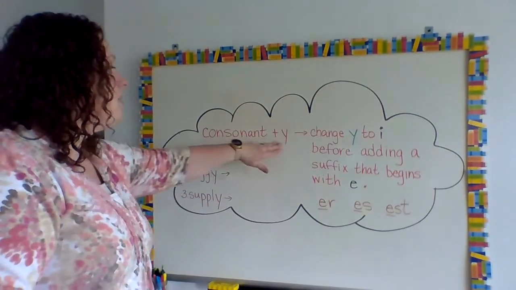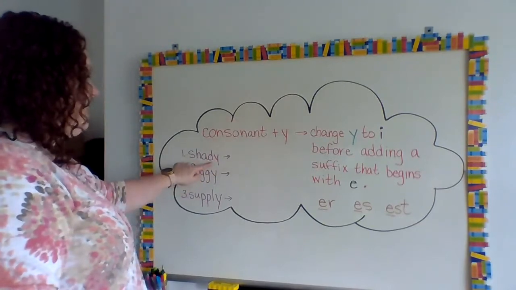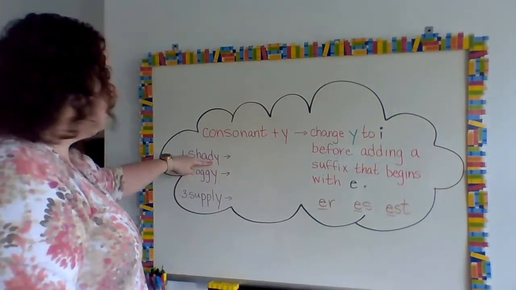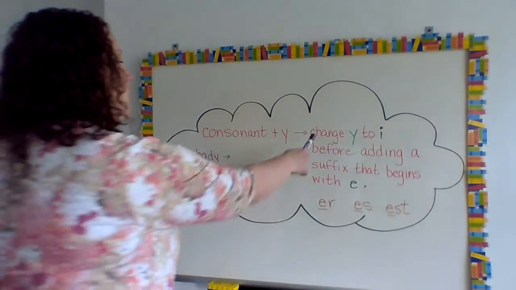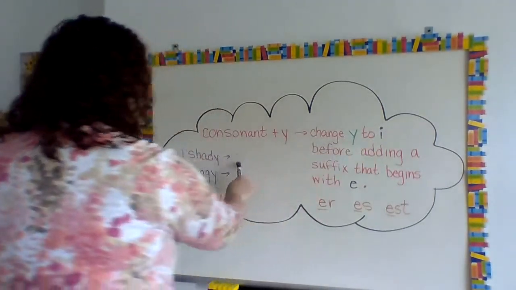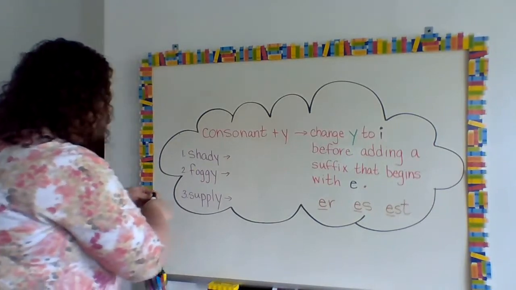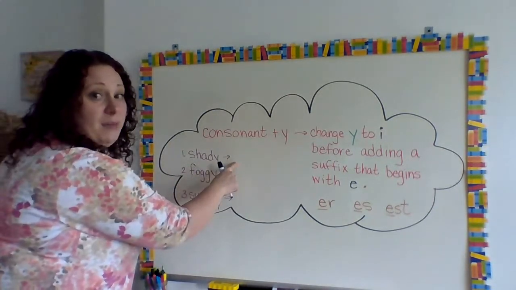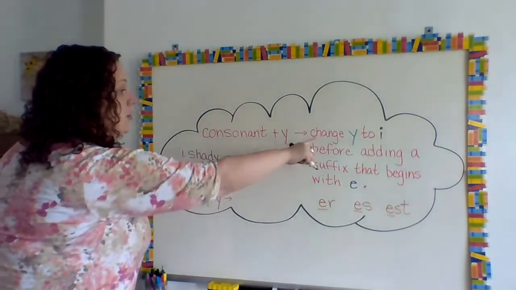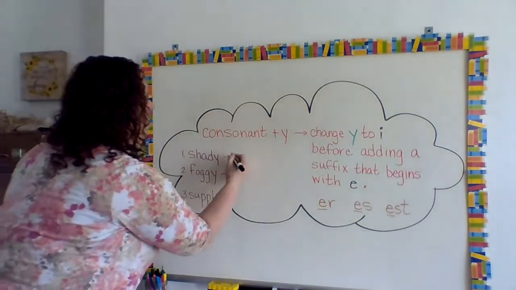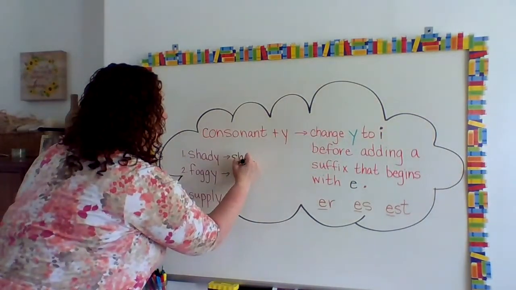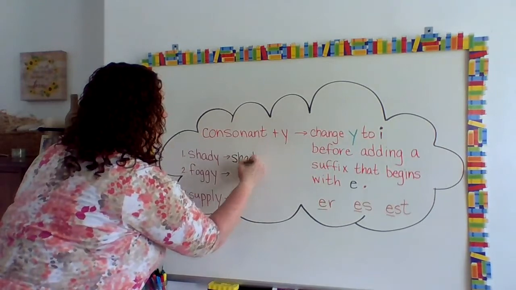So when you have a consonant plus Y, such as the word shady, we have a consonant D and a Y, we're going to change the Y to I. I gave some examples over here. So I have the word shady. I need to change my Y to an I. So I'm going to write S-H-A-D.